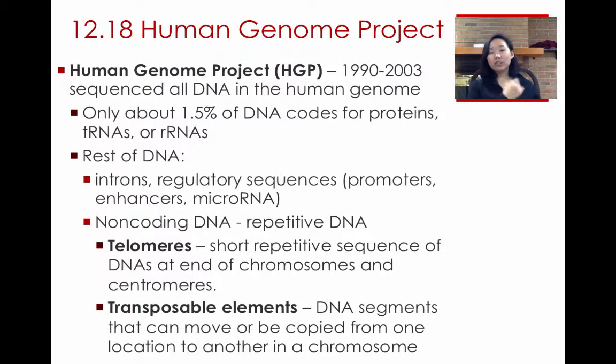If you think back to the section on chromosomes, if sections of chromosomes move from one place to another, it might lead to cancer because that segment of DNA is now coded with a different promoter. So some people think that a lot of this random DNA is the byproduct of viruses that have inserted their DNA into our human sequences. They're still trying to figure out the purpose of these repetitive sequences of DNA.